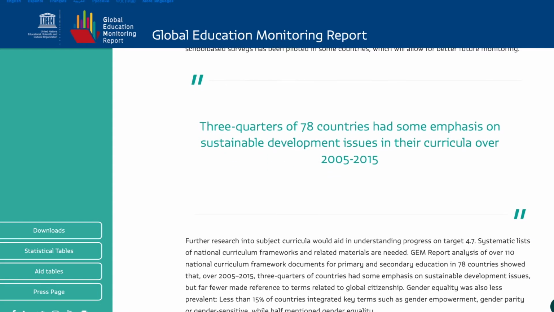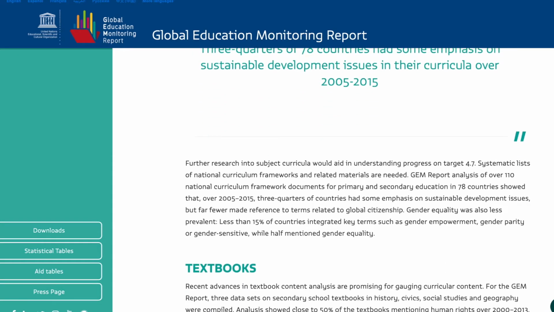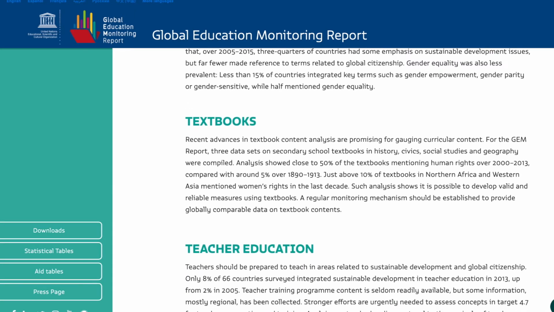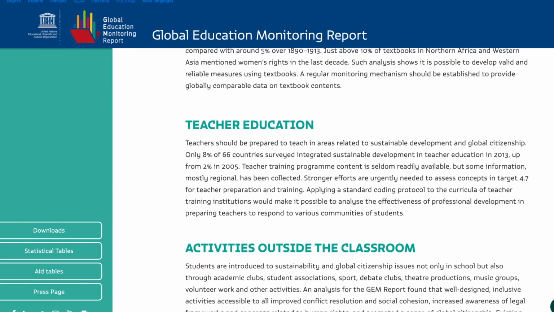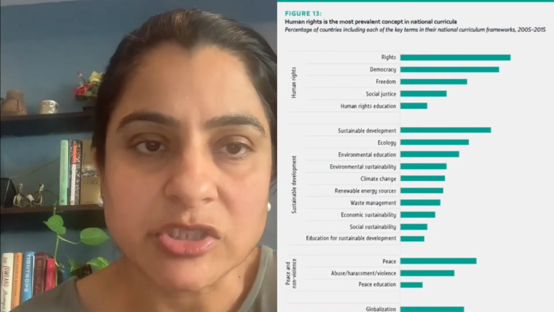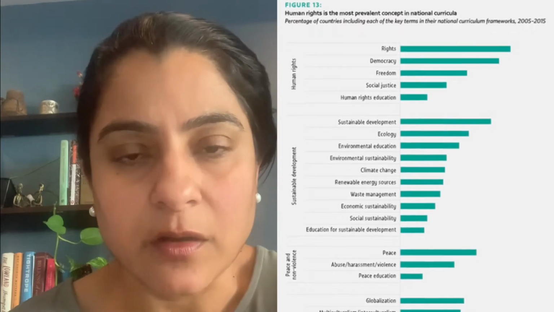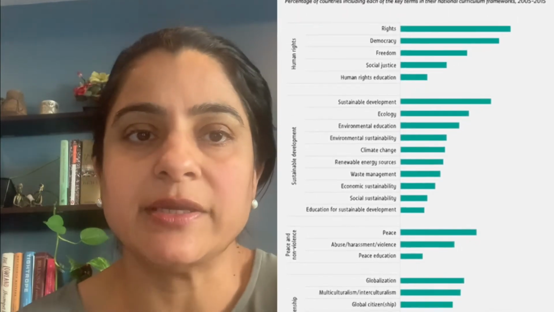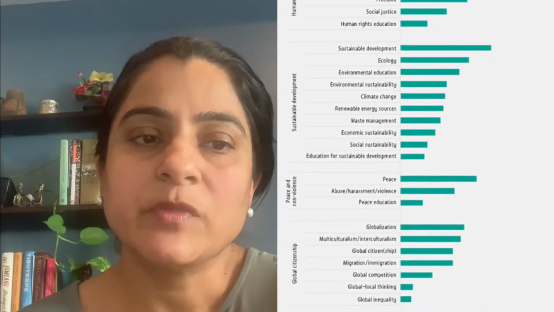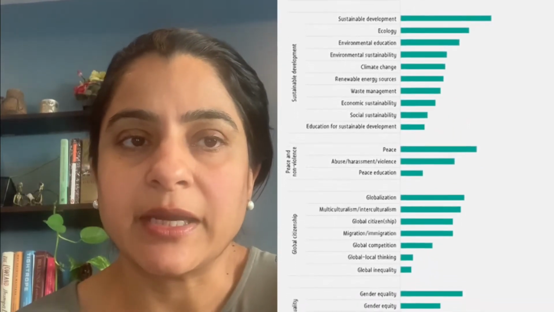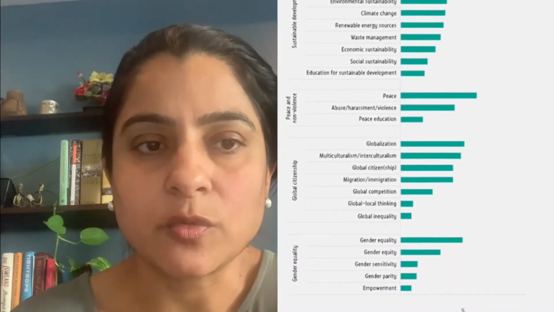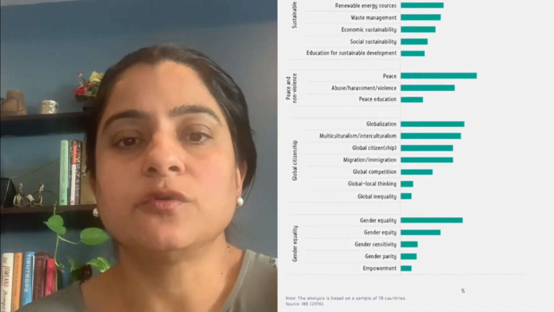For example, how many times have human rights, which include social justice, human rights education, freedom, democracy, rights, occurred in national curriculums or textbooks, and various themes of sustainable development, and how many times they've occurred. For example, climate change, renewable energy, waste management, economic sustainability, others. Similarly, for peace education and non-violence, global citizenship education, as well as gender equality. These are the big strands of SDG 4.7.